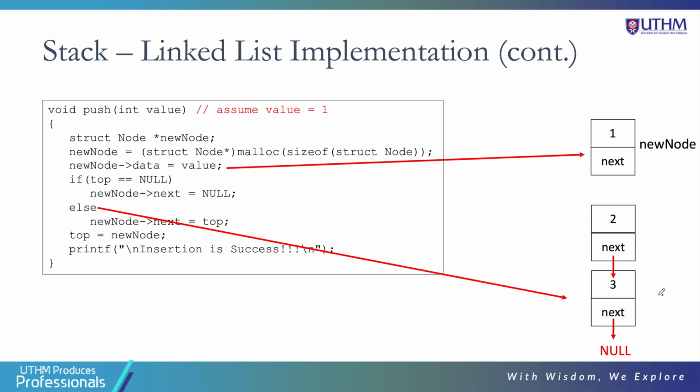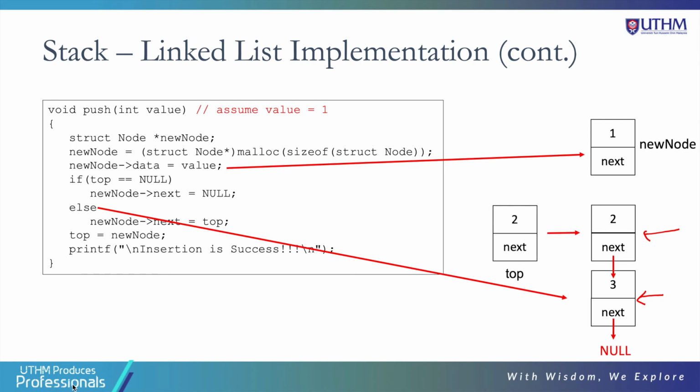This is the first element that has been inserted, and this is the second element that has been inserted. We want to add the next element, which is 1. So by right, top is not null. Why? Because top is actually pointing to the latest one here, which is 2.